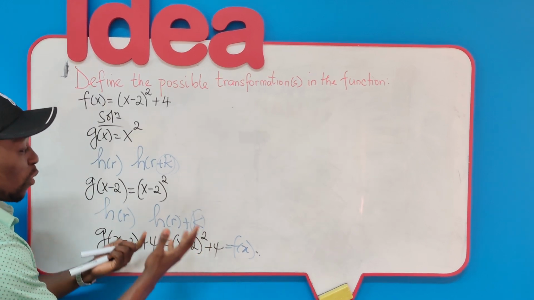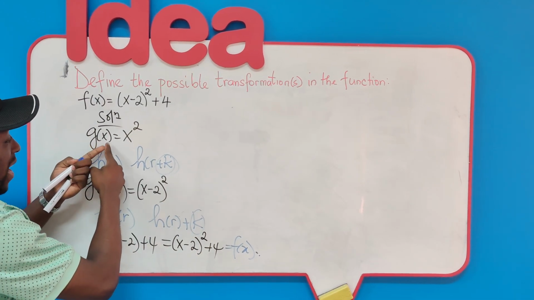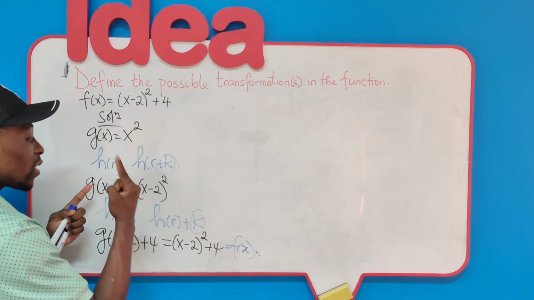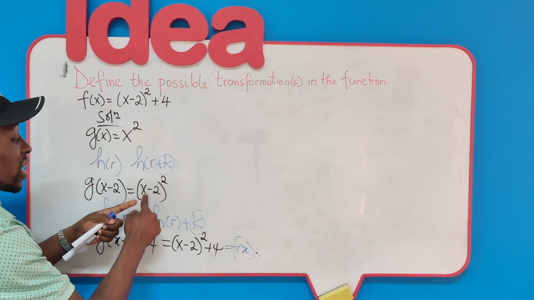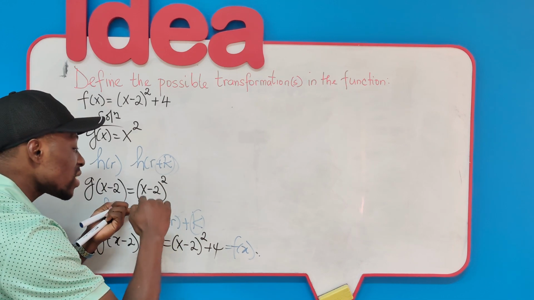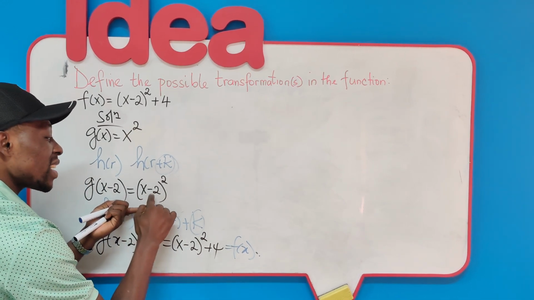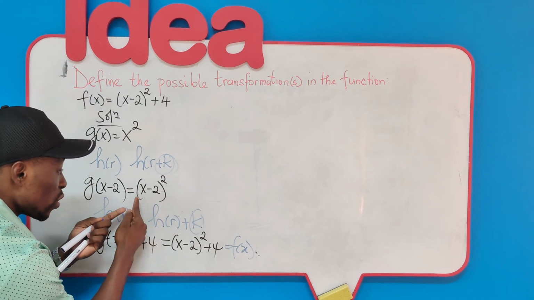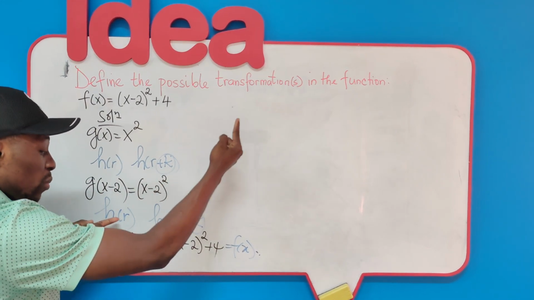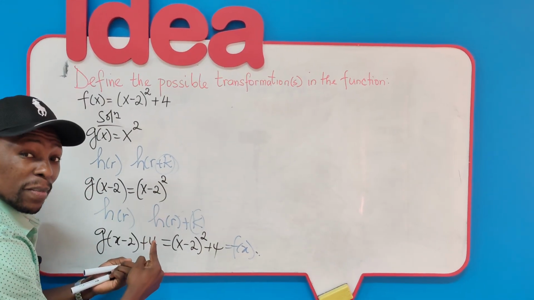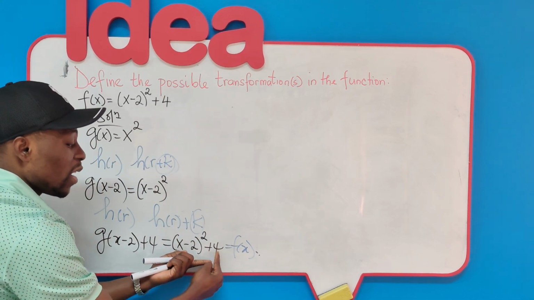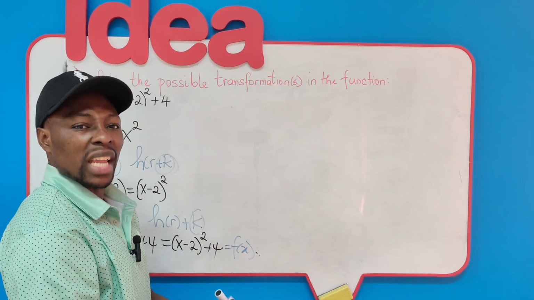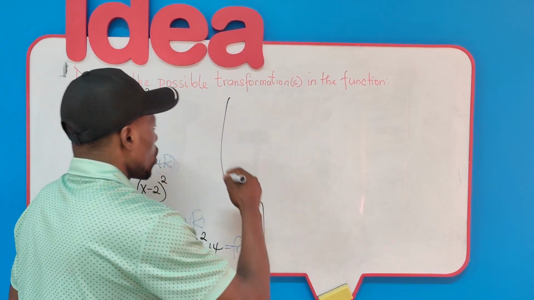Therefore, we've gone from a certain function g of x, which is x squared, and we've carried out the first transformation, which turned out to be a horizontal translation or a horizontal shift 2 units to the right. And to this new function, we did another transformation, which turned out to be a vertical shift 4 units upward. So in your final answer, this is how you're going to write.